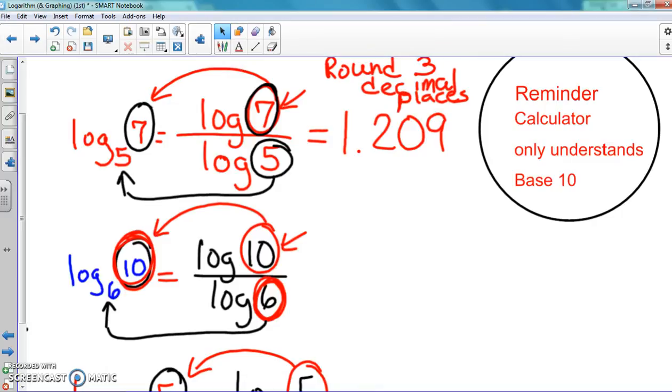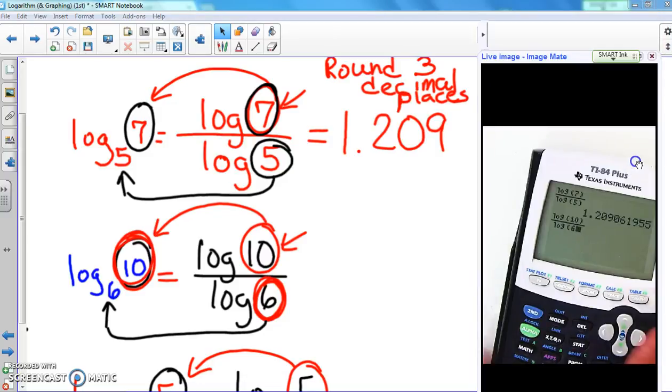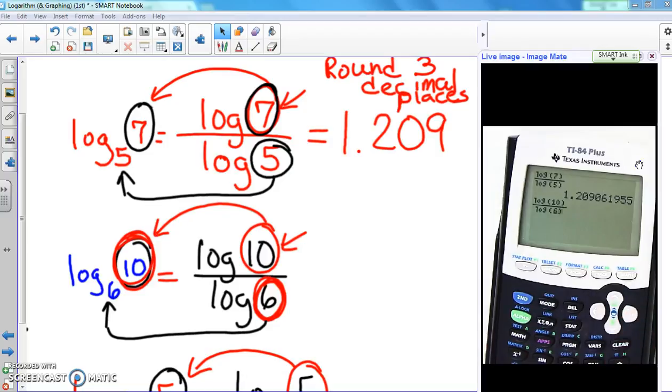So we do the same thing with the other two. We do log 10 divided by log 6. Let's get that in really quickly. And again, for those that need a visual here, we have log 10 divided by log 6.